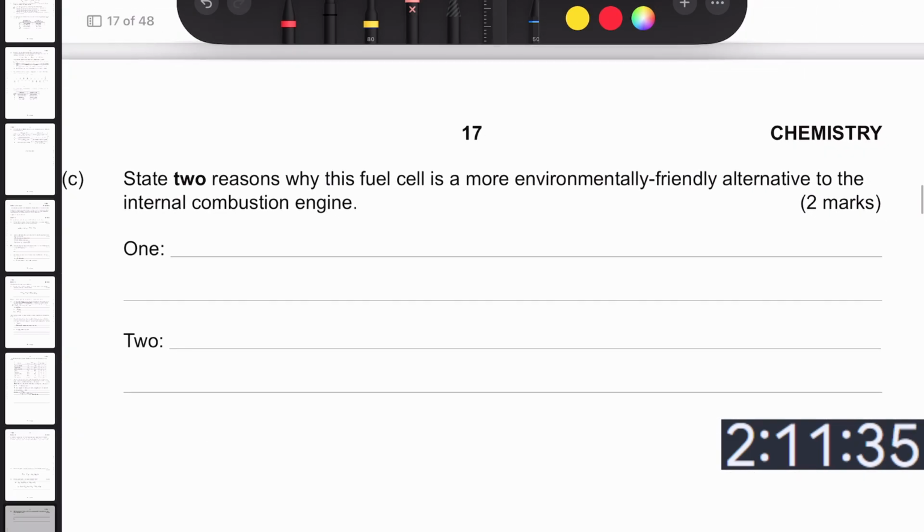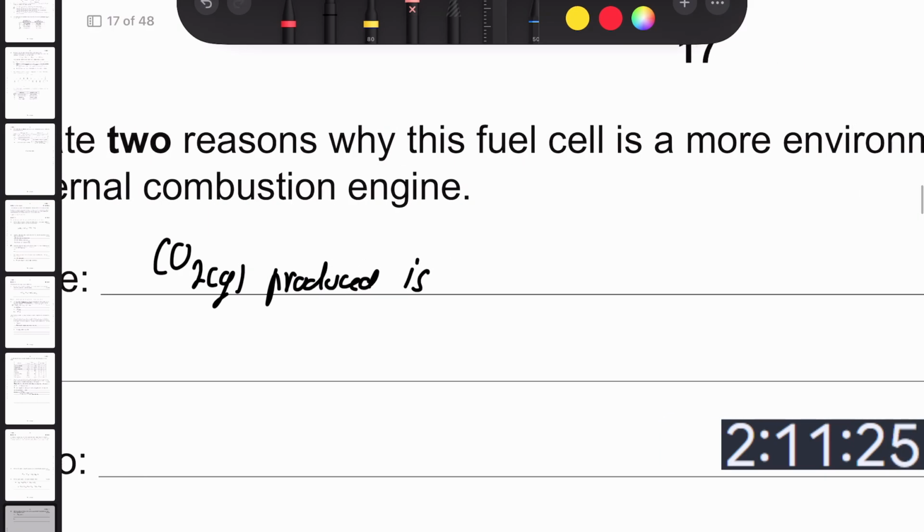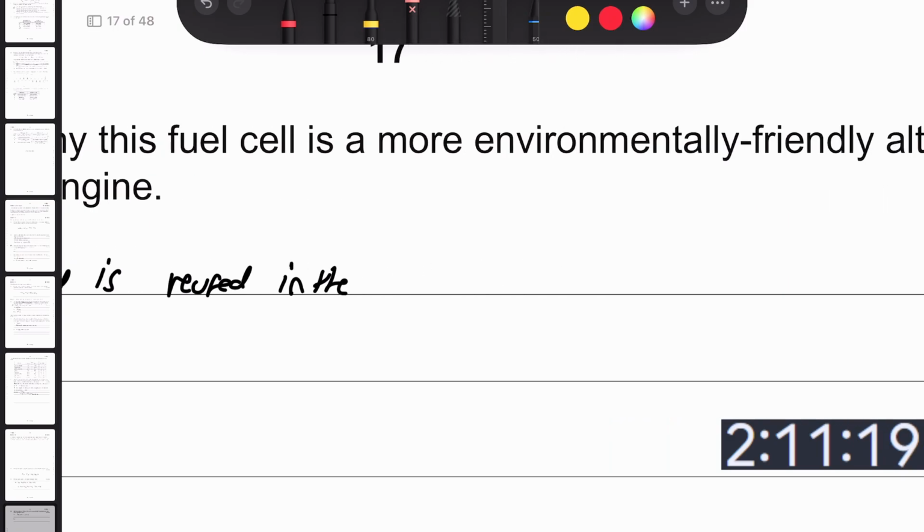More environmentally friendly alternative to the internal combustion engine: the CO2 gas produced is reused in the fuel cell.